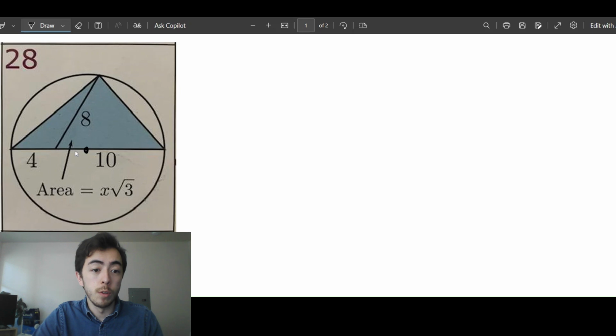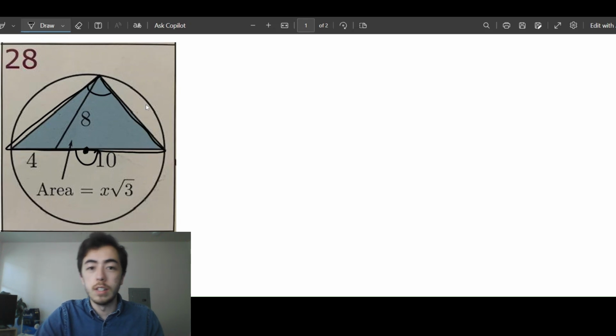That does let me assume that the angle measurement on this straight line is essentially 180 degrees. Then I can use the central angle theorem to figure out that this angle right here is actually a 90-degree angle. In fact, anytime you have a triangle where two of the points are part of the diameter and a third is anywhere else on the circle, it's always going to form a right angle here.